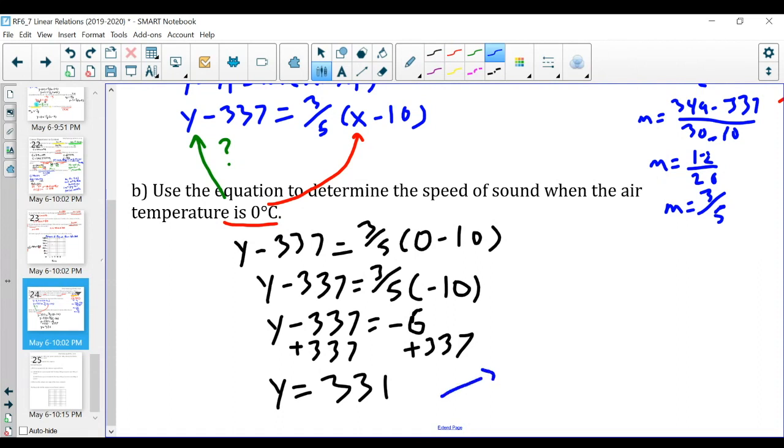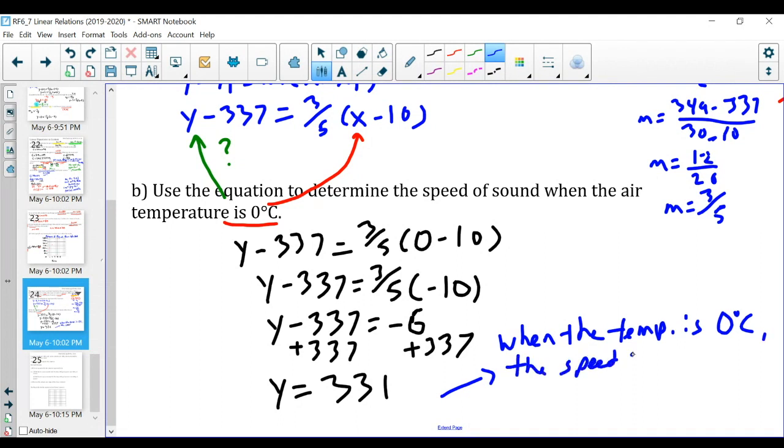So that means that when the temperature is 0 degrees Celsius, the speed of sound is 331 meters per second.